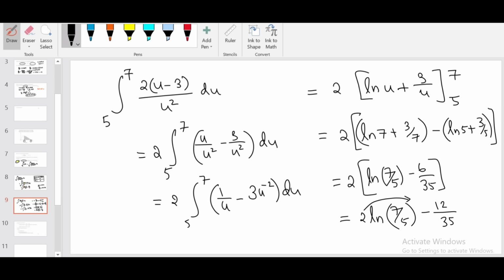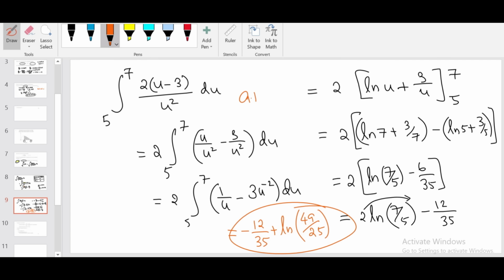So it becomes ln of (7 over 5) squared, which is 49 over 25. So the answer is minus 12 over 35 plus ln 49 over 25. Why are we writing it this way? Because they want the answer in this form, a plus ln b.